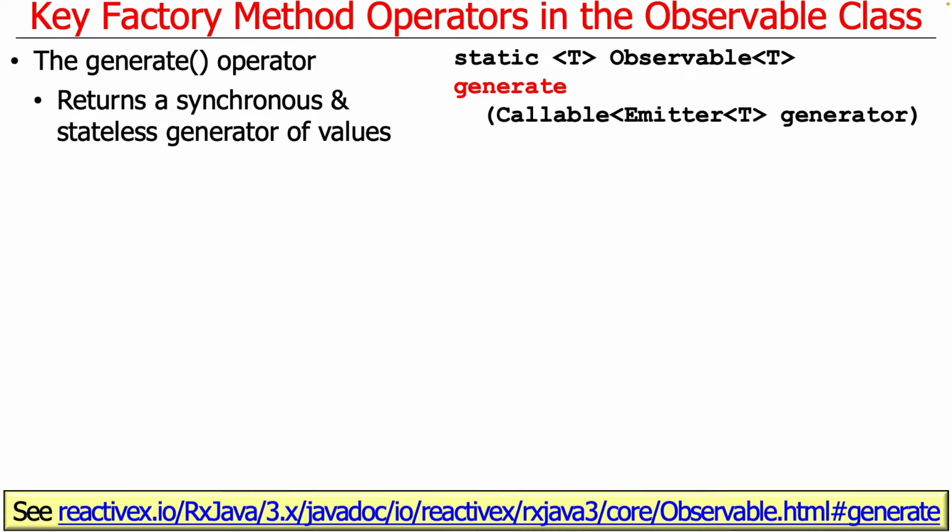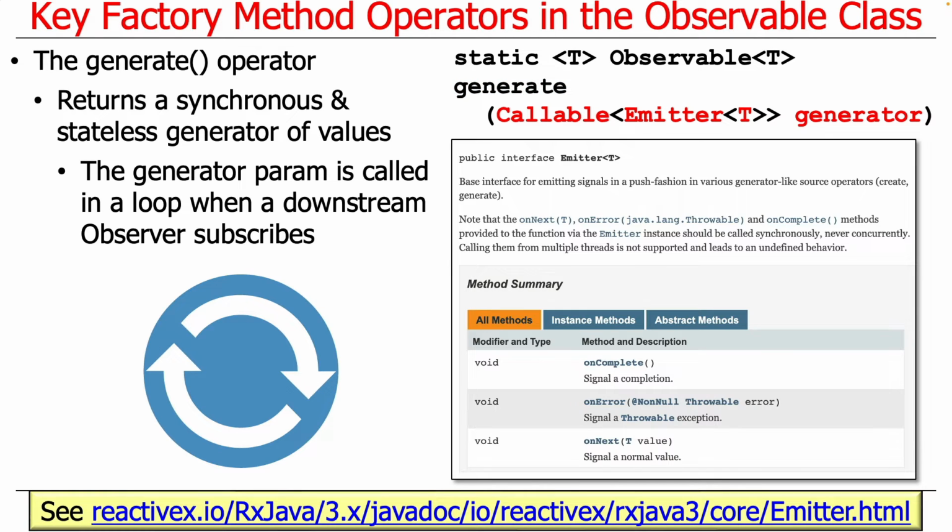So what does the generate operator do? It returns a synchronous and stateless generator of values. And this generator parameter that's passed in here is going to be called in a loop by the generate method, and it's going to emit values.